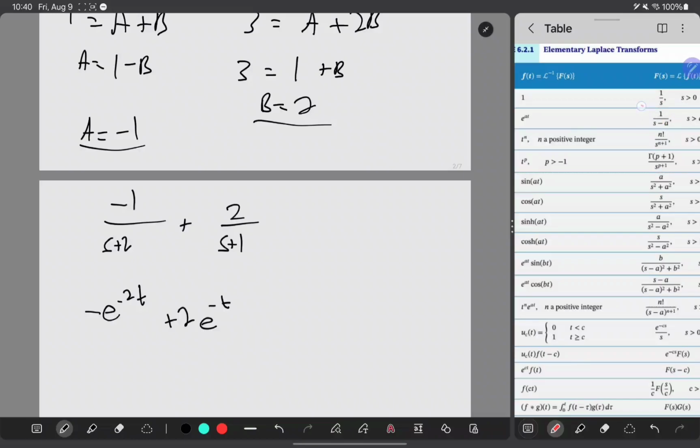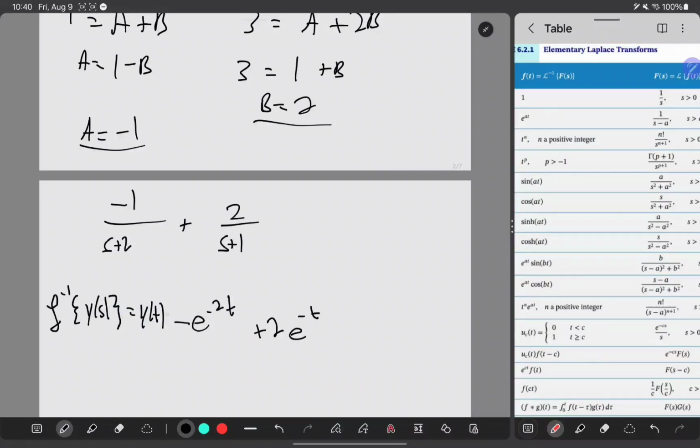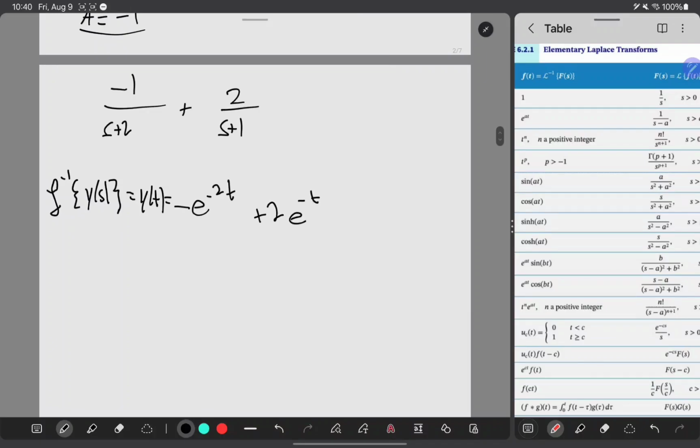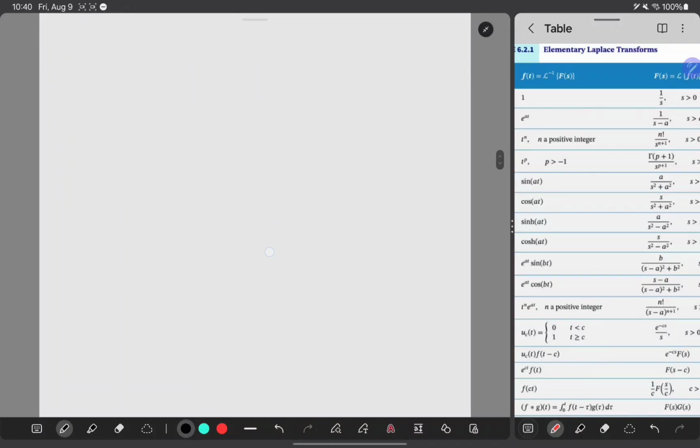This right here. Not too bad. And this would be our y of t, which I should write out. The inverse Laplace of y of s is equal to y of t, which is equal to this. See that? Not too shabby.